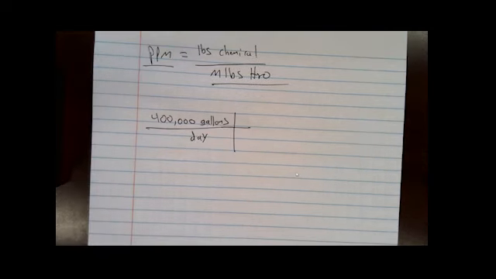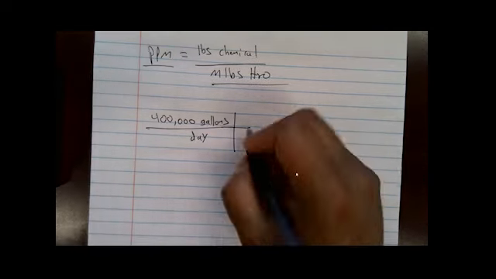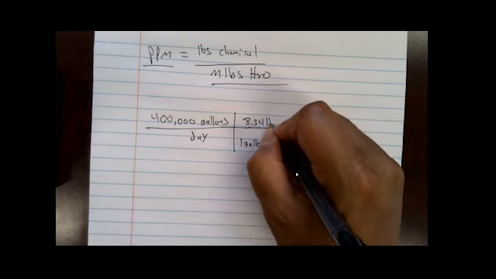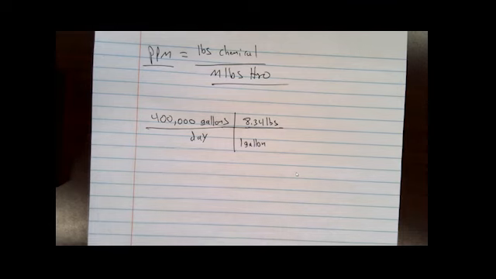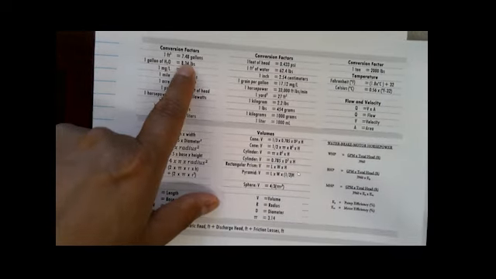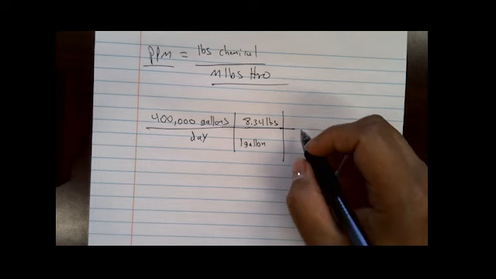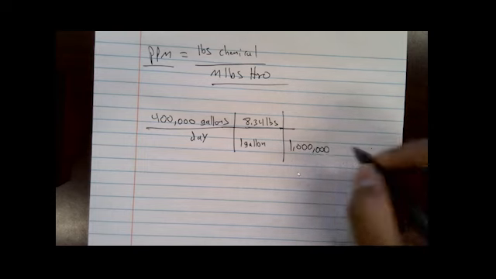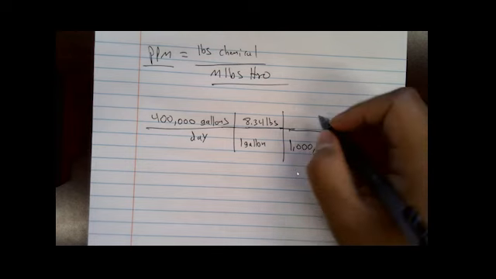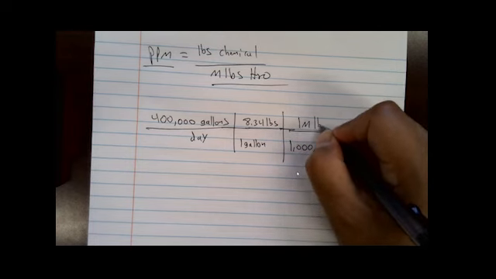Again, we use our formulation sheet to find that conversion factor. 1 gallon is equal to 8.34 pounds of water, right? Our conversion factor, we're using that one. There it is. And then we want our units in million pounds of water, right? Take 1 million pounds. That's equal to 1 million pounds.